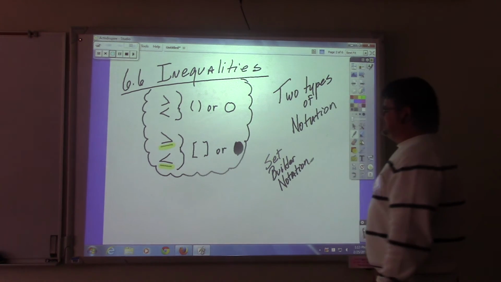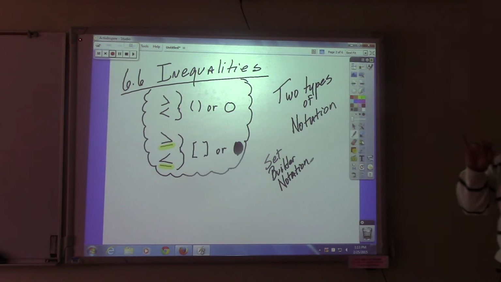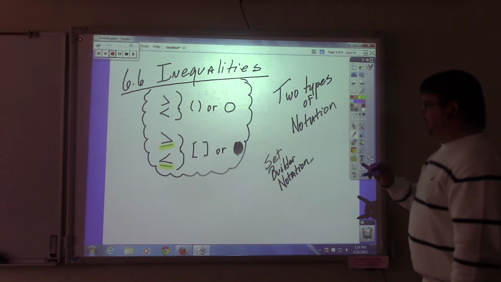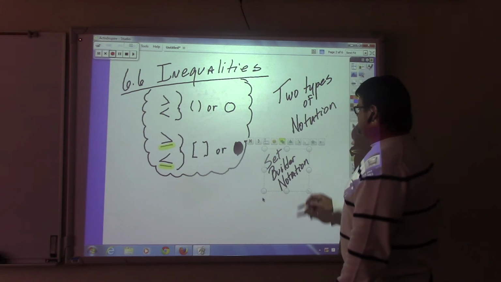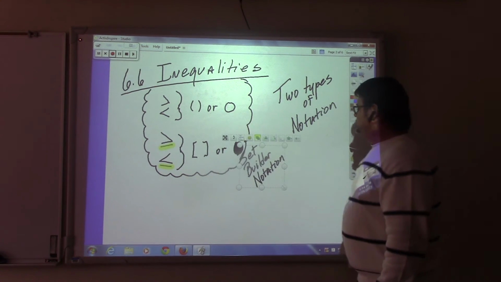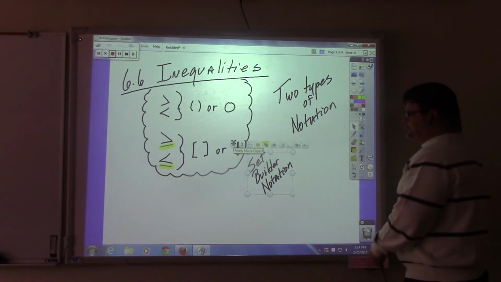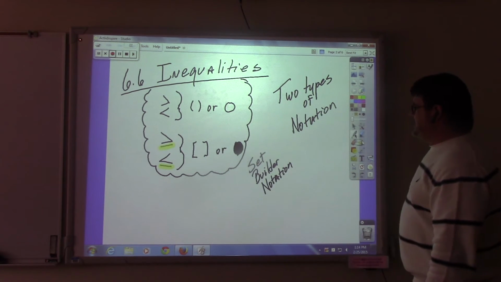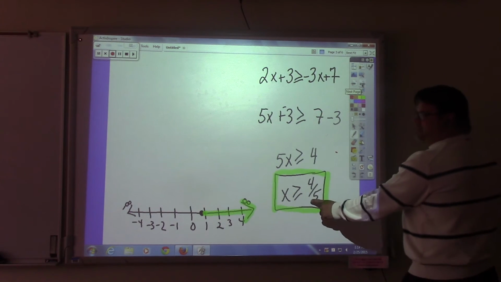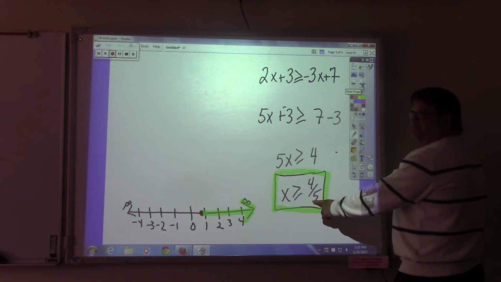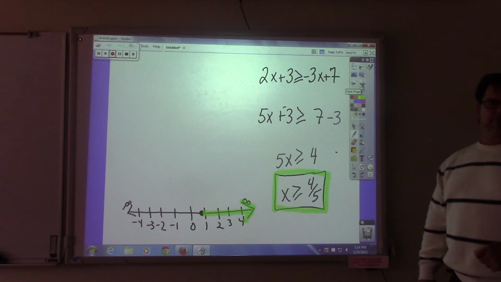And I like to say that set builder notation is really the pinky. Hold your pinky up. Because all you do is you take your answer and you put some braces around it. So it's really not that difficult. So let's say, a while ago we did a problem and we got x is greater than or equal to 4/5. Everybody agree with that?